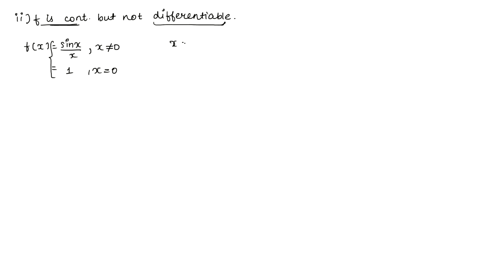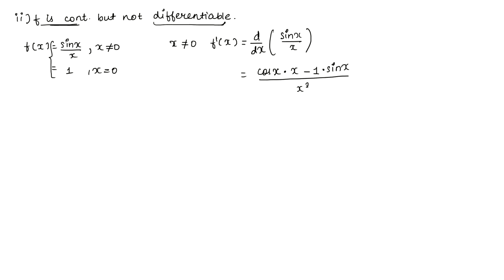Now if x is not equal to 0, f dash of x is equal to d by dx of sin x by x. On applying quotient rule, it is equal to cos x into x minus 1 into sin x divided by x square, which is equal to x cos x minus sin x by x square.